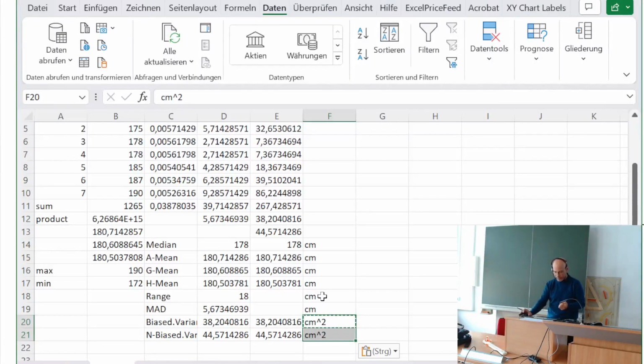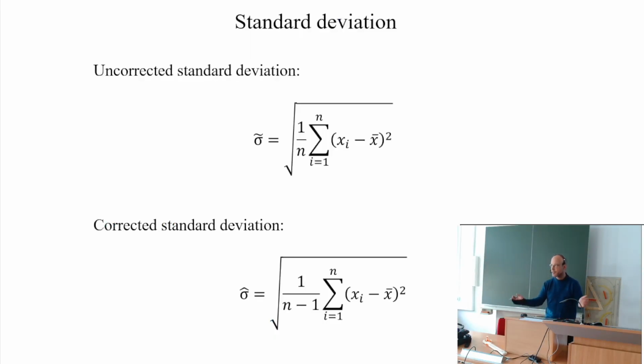So with the absolute distance, I can say this: 180 plus minus 5.7 centimeters. But what is the meaning of 180 plus minus 38 centimeters squared? So, in order to come back to my unit of centimeters, surprisingly, I'm just taking the root. Then I'm back from squaring, and again I have my unit of centimeters.